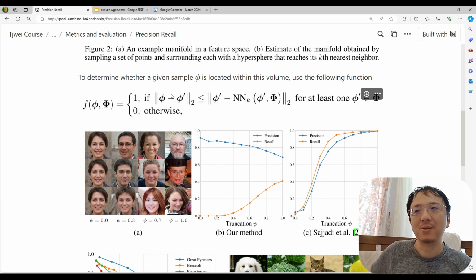That means phi is near enough to phi prime. So this whole formula means that if phi is near enough to any of the images in the dataset, then we consider phi to be on the manifold.